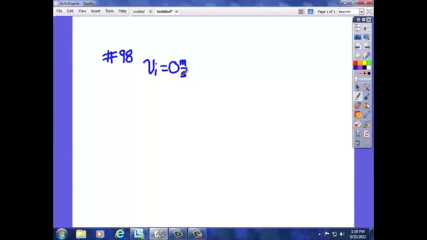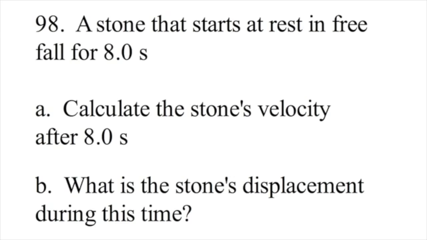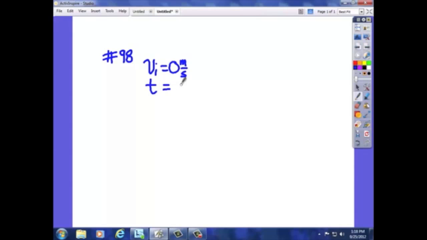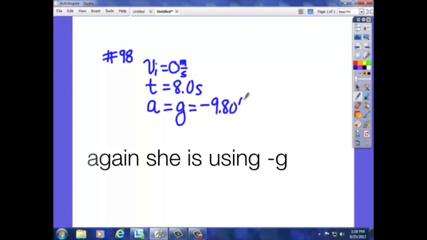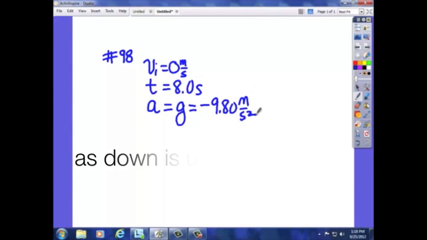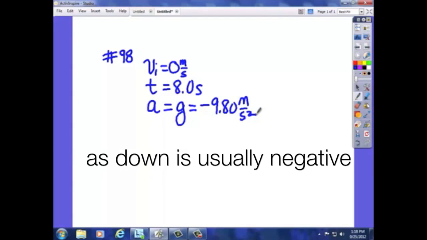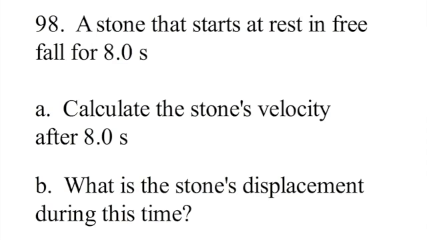It also says that it is in free fall for 8 seconds, so it tells us the time is 8.0 seconds. We know that the acceleration is due to gravity, and g is equal to negative 9.80 meters per second squared. And we are actually looking for two different things. Letter A tells us to calculate the stone's velocity after 8 seconds.